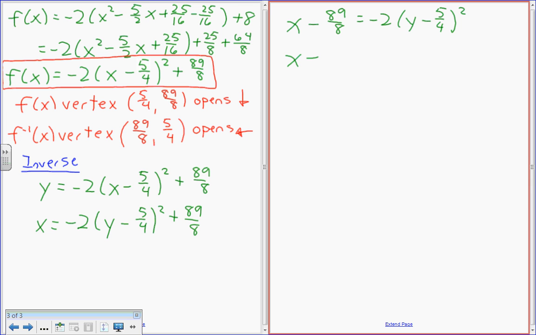I just want to mention one thing here because David was talking to me about this at lunch. That's what I'm going to say is the answer. The textbook would write this a different way. How would the textbook write this? George, you got it? Yeah. The textbook would write this as 89 over 8 minus x all over 2.